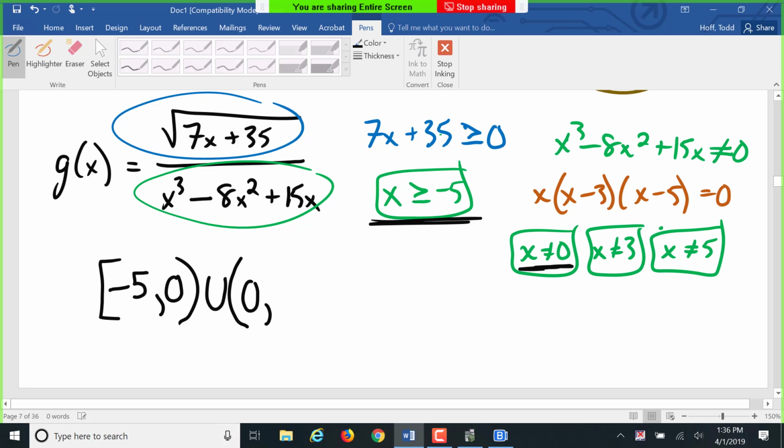A curved bracket and 0 again. That goes up to 3, and of course that is curved. A union with curved 3, going up to 5, also curved.